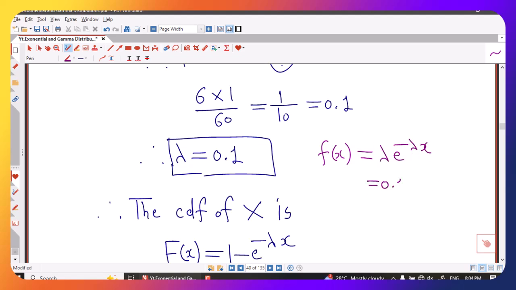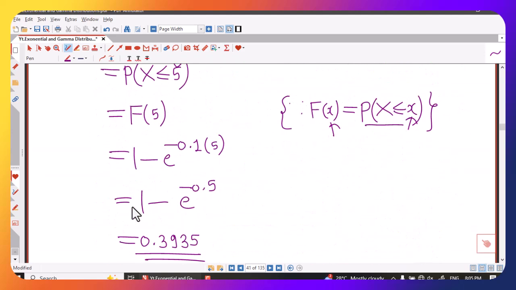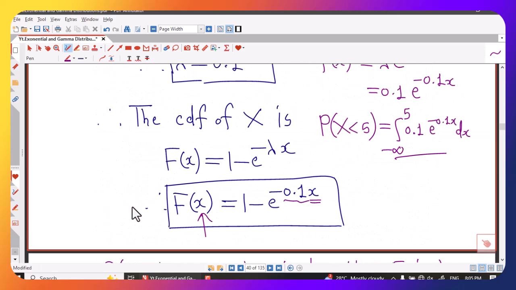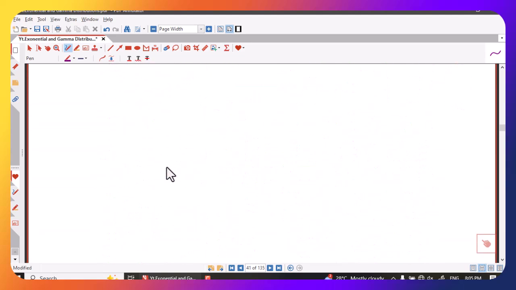Lambda is 0.1, so we have 0.1 into e raised to minus 0.1 into x, and if I am interested in this probability using the PDF, then I will integrate from minus infinity to 5. Here we will put f(x), and after integration we will get the same value which we obtained using the CDF. So that is your choice. You can either use the CDF or PDF to calculate the probabilities related to exponential distribution.